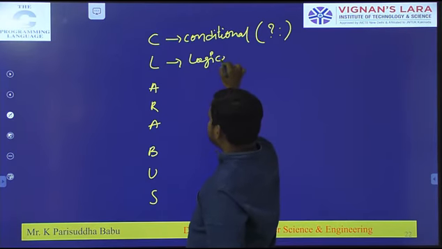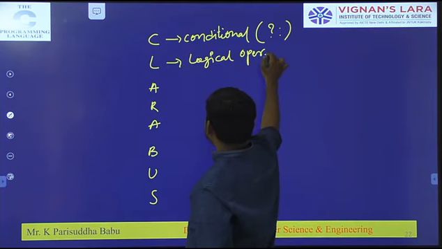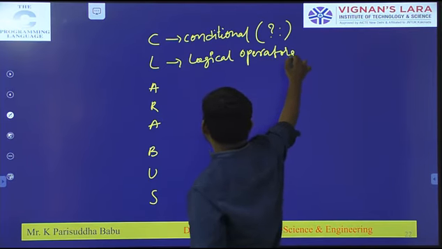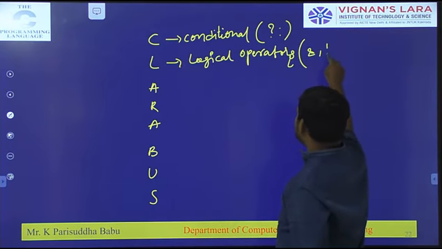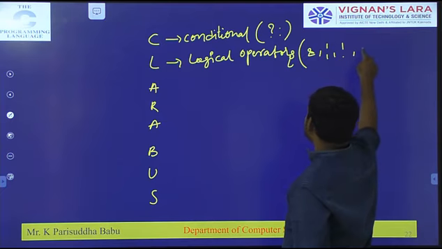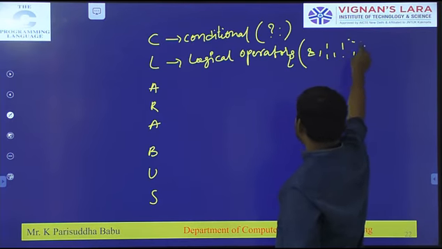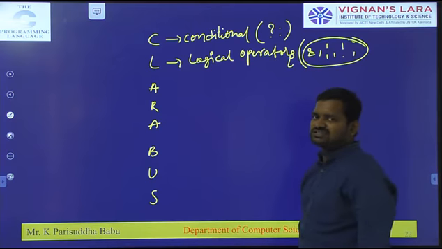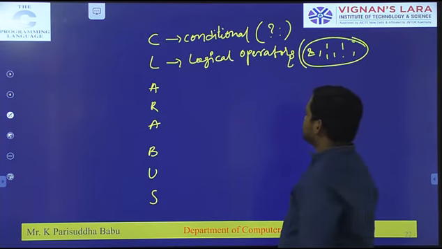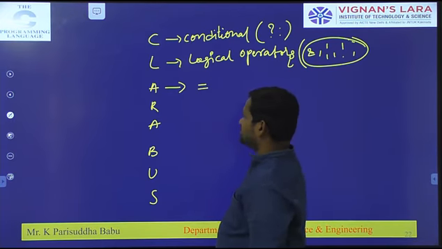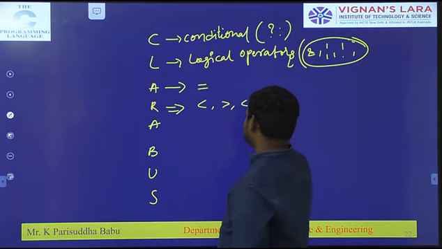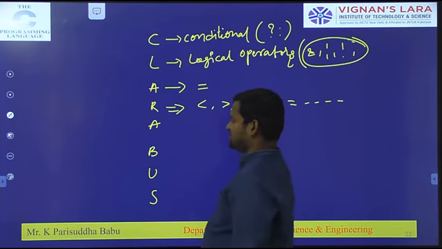Logical operators: logical and, logical or, logical not. Bitwise operators: bitwise and, bitwise or. Assignment operators. Relational operators: less than, greater than, less than or equal to, greater than or equal to.